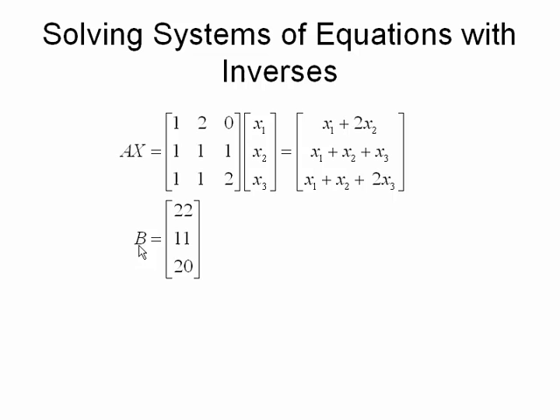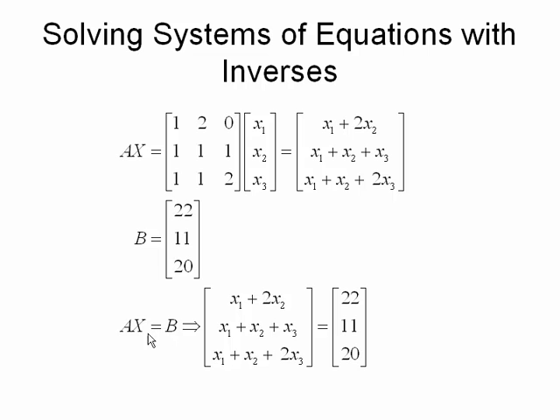Remembering that B is just a column matrix with 22, 11, and 20, when I write AX equals B, I'm essentially saying that the two 3 by 1s that I've just talked about are equal. So if those two matrices are equal, that means that x1 plus 2x2 must equal 22, x1 plus x2 plus x3 must equal 11, and x1 plus x2 plus 2x3 must equal 20.